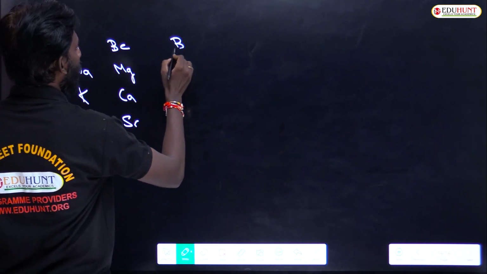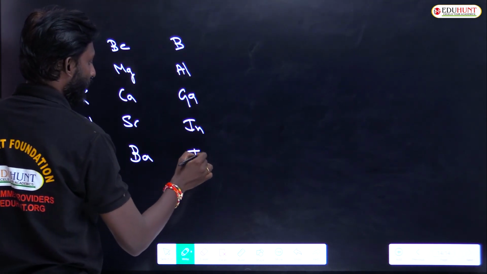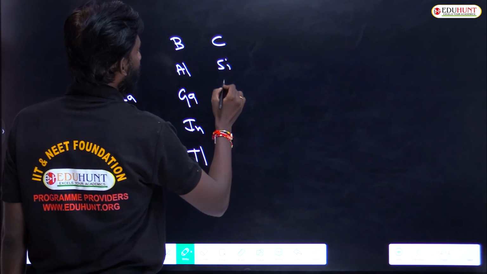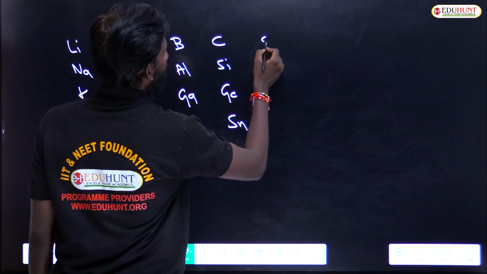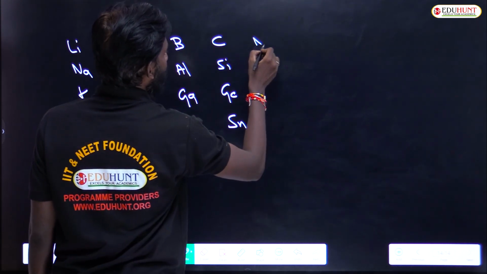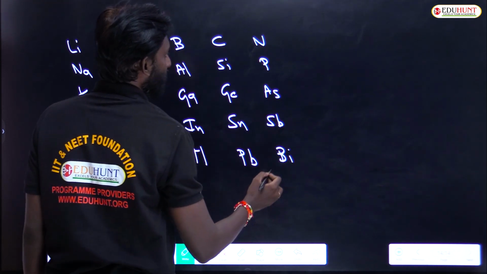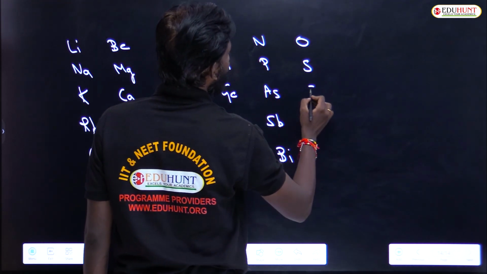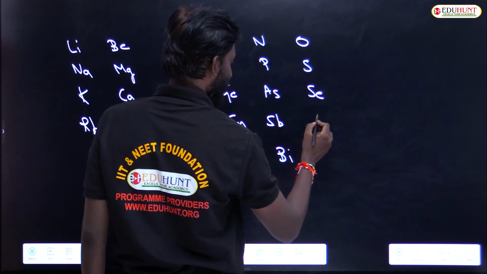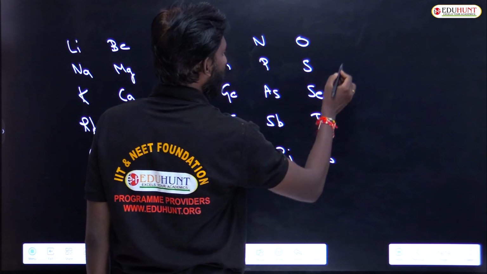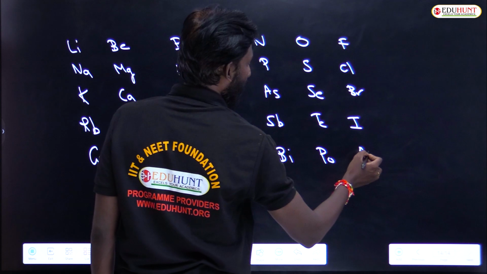Boron family: boron, aluminium, gallium, indium, thallium. Carbon, silicon, germanium, tin, lead. Nitrogen, phosphorus, arsenic, antimony and bismuth. Oxygen, sulfur, selenium, tellurium, polonium. Fluorine, chlorine, bromine, iodine, astatine.